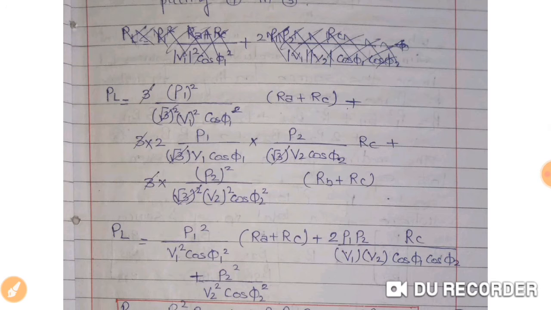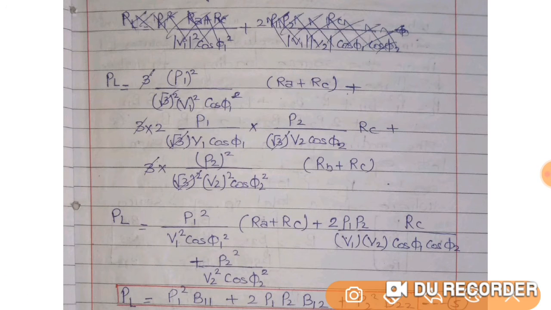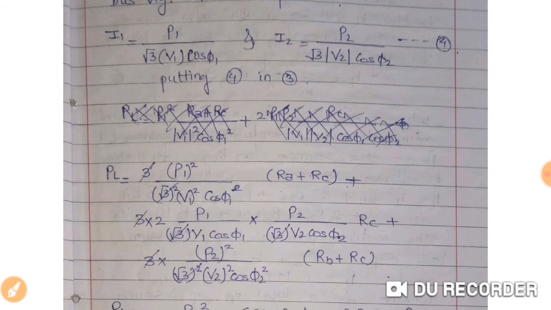So substituting, what do I get here? PL is equal to 3 times this value, which is the value of I1². We have squared its value, so you can see how we are squaring it. 3 was there and the value of I1. When I square this value, it becomes P1² upon √3², and then we have V1² and cos² φ1.